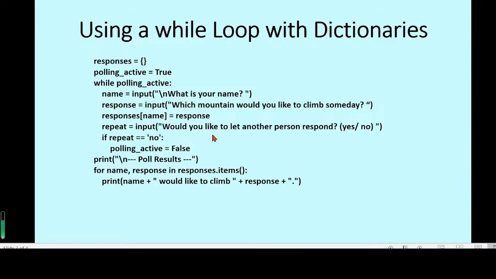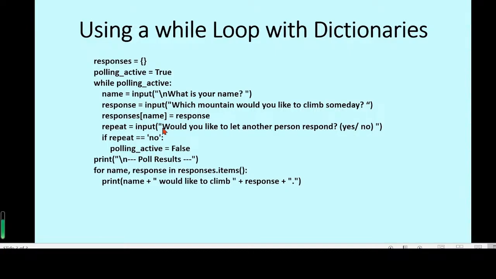Then there is another input for the user to enter. The prompt is, would you like to let another person respond? So if the user does not enter no, then the process will continue, and the user goes back to the while loop and can input again the name and the information for the response with mountains, then add another key value pair in the dictionary.